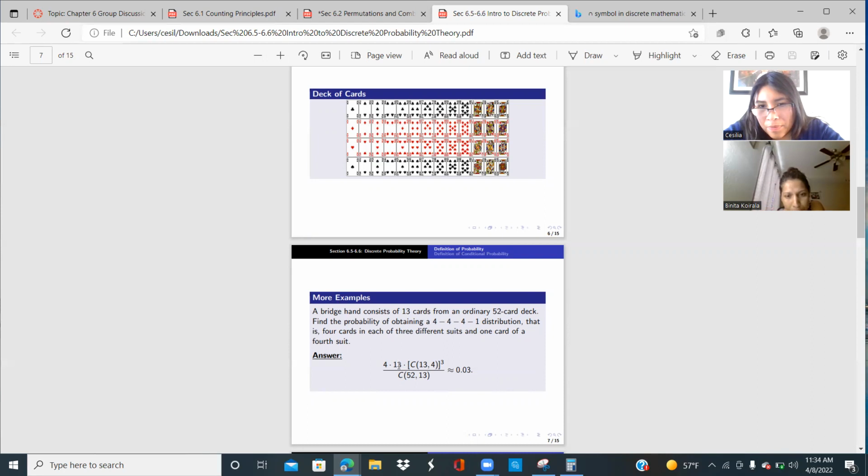So we get C(13,4) to the power 3 times 4 over C(52,13), the total. Total is C(52,13). So this will give 0.03.